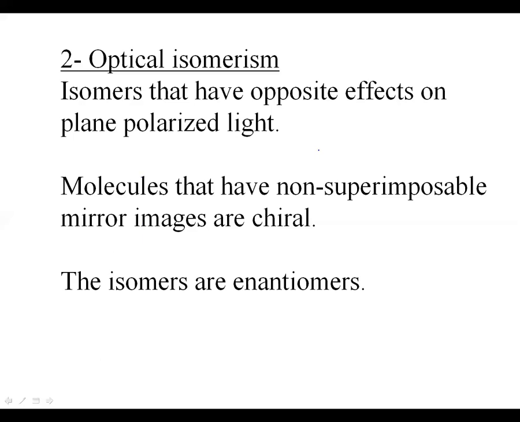And usually what it means really is it has a non-superimposable mirror image. So if you have a chiral compound, its mirror image is non-superimposable, while something referred to as an achiral compound does have a superimposable mirror image.